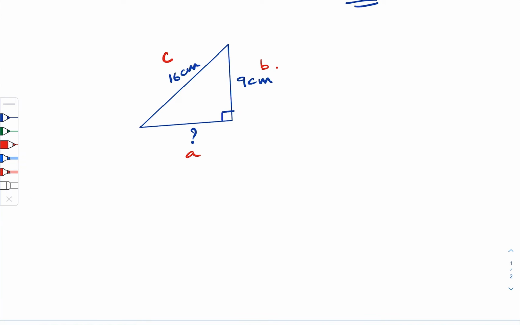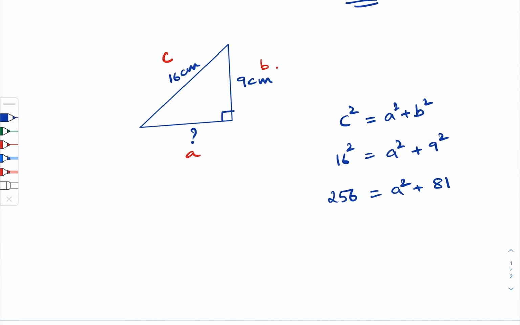So the relationship out here is C squared is equal to A squared plus B squared. That's what we're going to use. And C squared is given to us, so that's 16 squared is equal to A squared, which is not given to us. That's what we need to find out. And B squared is 9 squared. So let's go ahead and simplify each of those. So 16 squared is 256. 9 squared is 81.